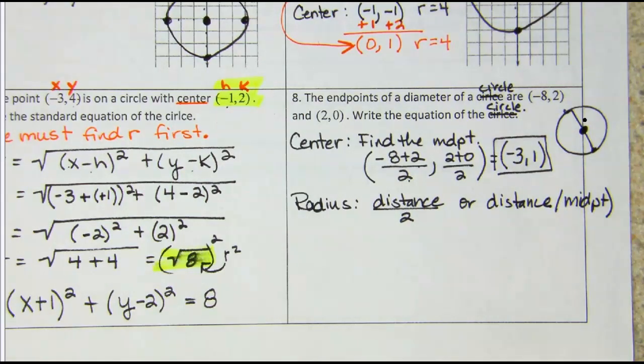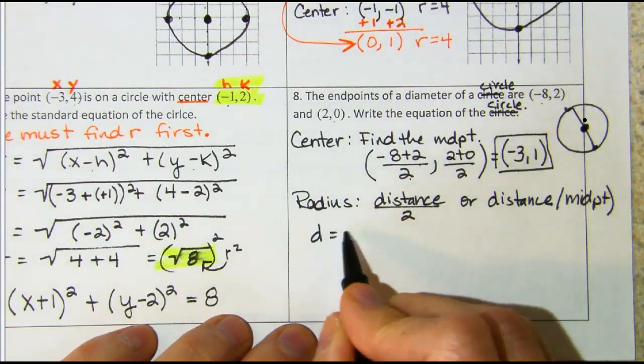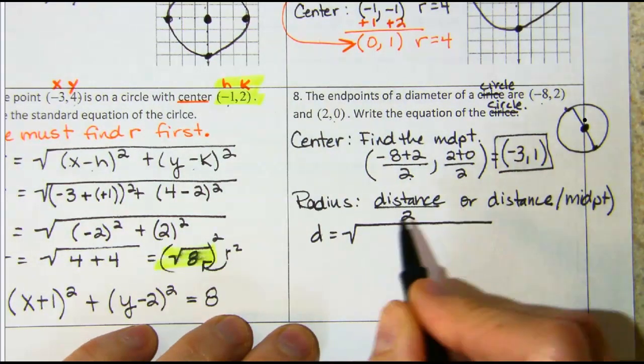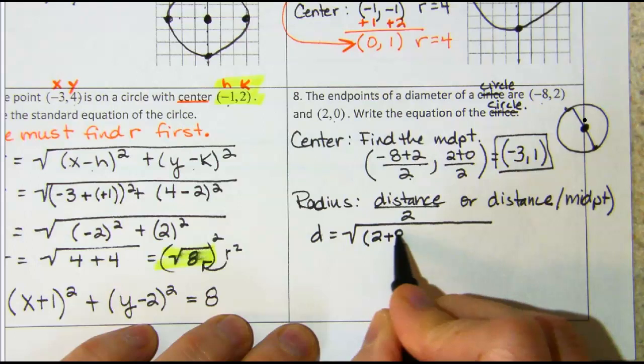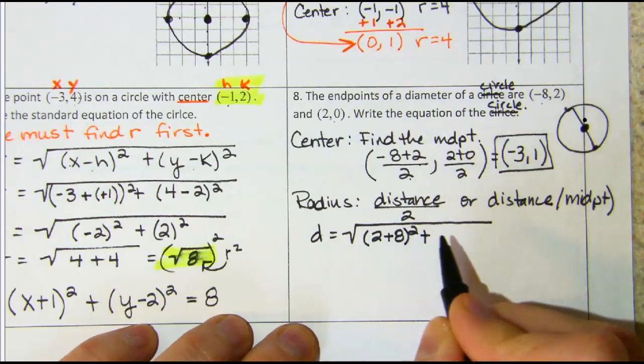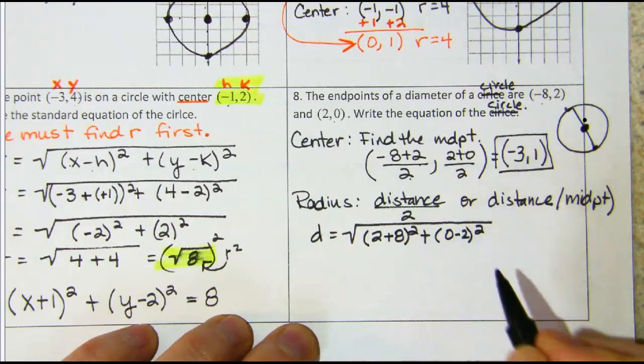So it doesn't matter which one you do, okay? You will get the same answer. So for us, since we're given these here, let's go ahead and just do the distance of those 2 points. So for this one, we're going to have 2 subtract -8, so that's positive, plus 0 subtract 2 squared.